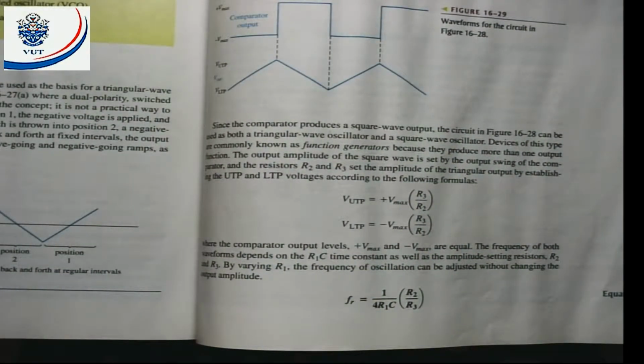The frequency is determined by 1 upon 4 R1 times C times R2 divided by R3. That is for my resonant frequencies. All right. Any questions? Any questions?